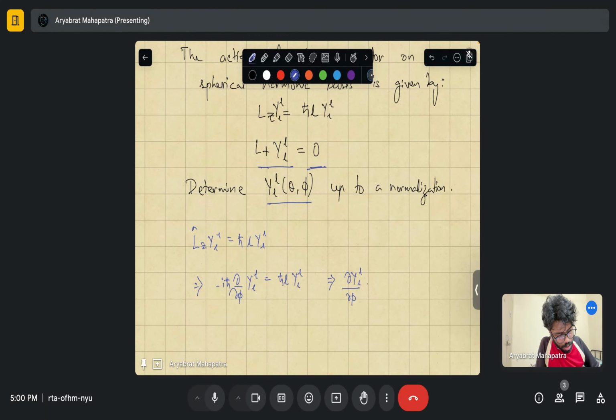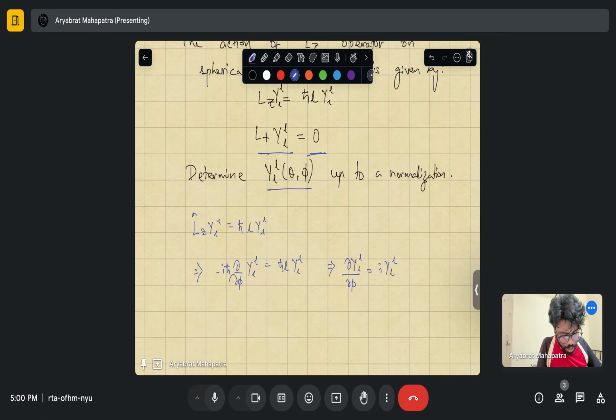Since even the expression which I showed you for YLM at the beginning had a normalization factor, some square root term, the Legendre polynomial PLM of cos theta, and then you have e to the power i m phi.